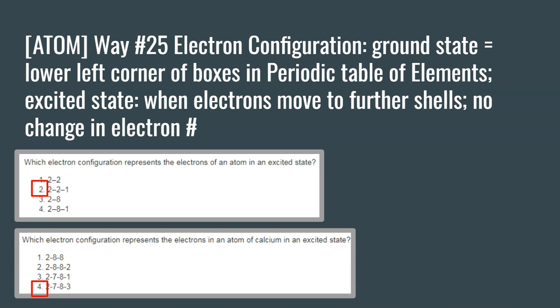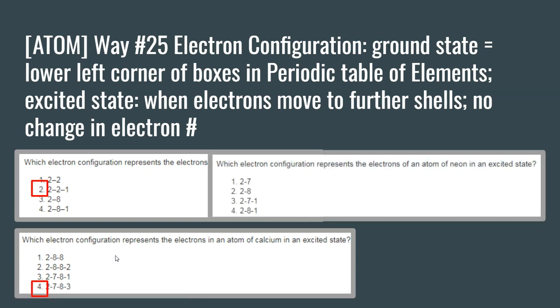Okay, when you look up calcium, you realize that its ground state configuration is 2-8-8-2. Notice the reason why choice 4 represents calcium in an excited state is because the second electron moved to the fourth. So instead of 2-8 in the ground state, we have 2-7, and one of these moved to the fourth energy level. Therefore, answer choice 4 is correct.